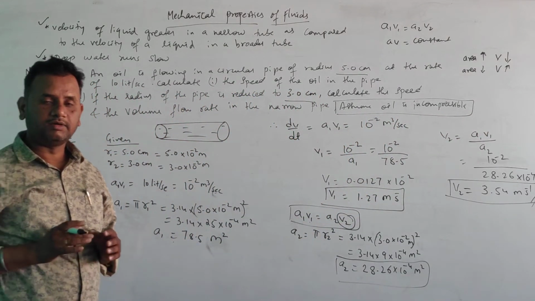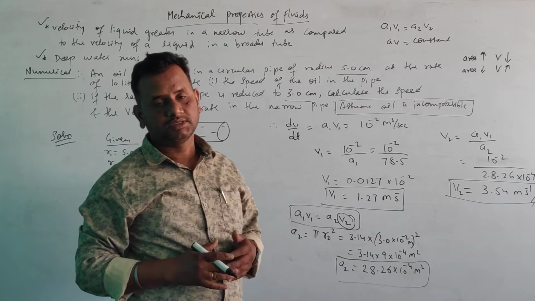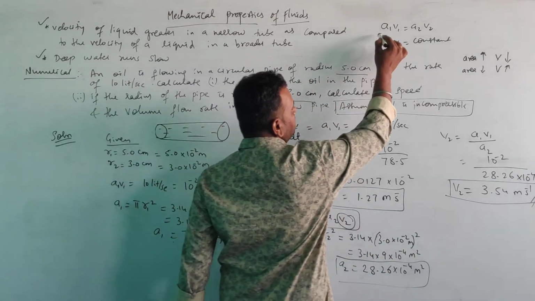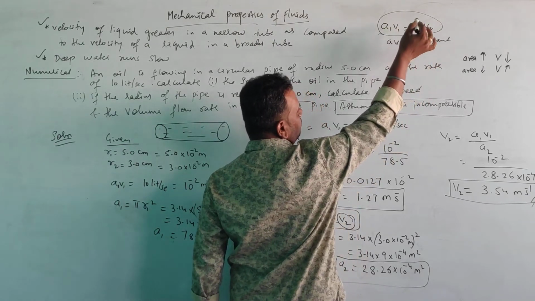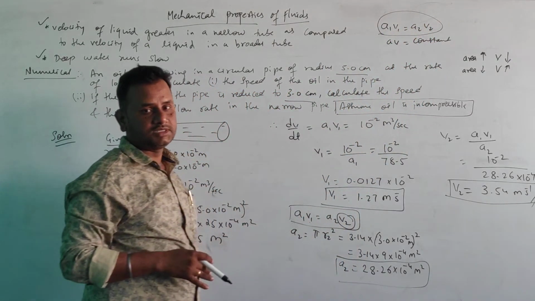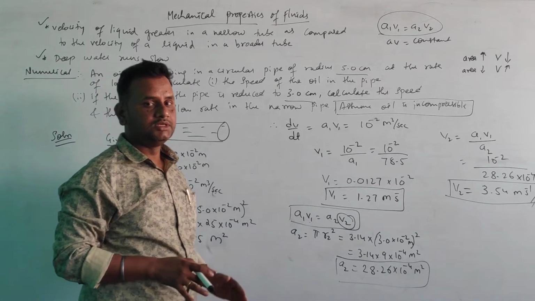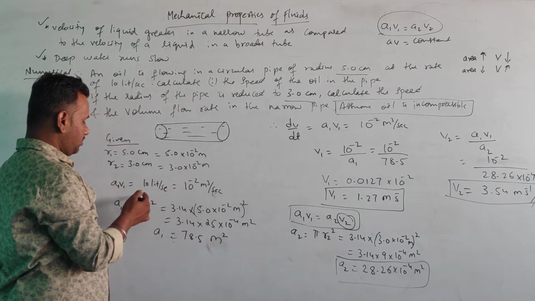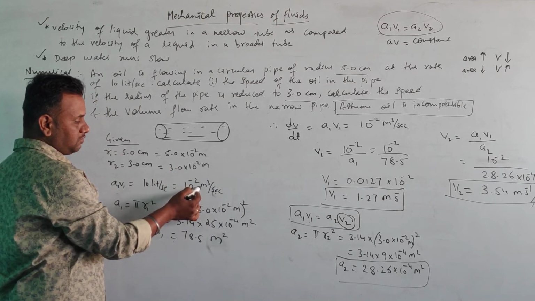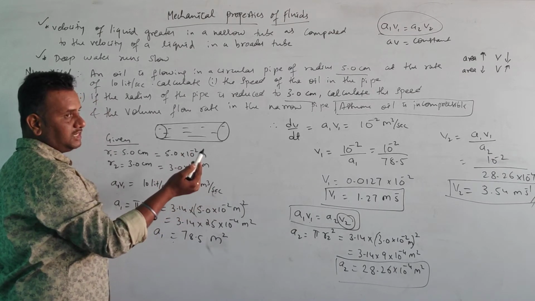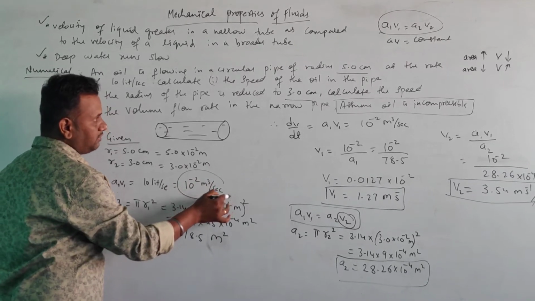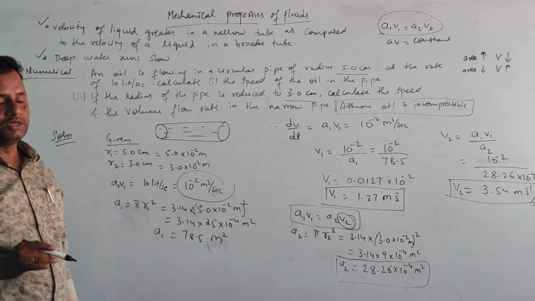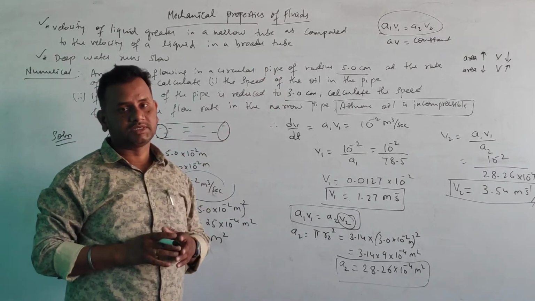As oil is incompressible while flowing, the density remains the same. Therefore A1 V1 equal to A2 V2 also remains the same, so the rate of flow is the same, 10 to the power of minus 2 cubic meter per second for 5 centimeter, and the same value for 3.0 centimeter also.